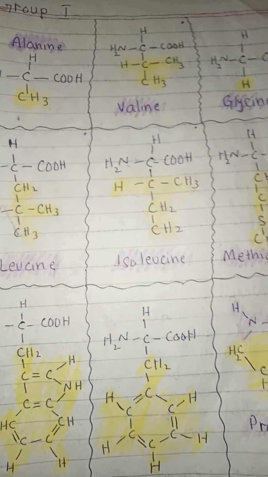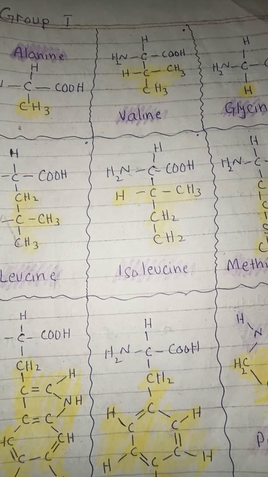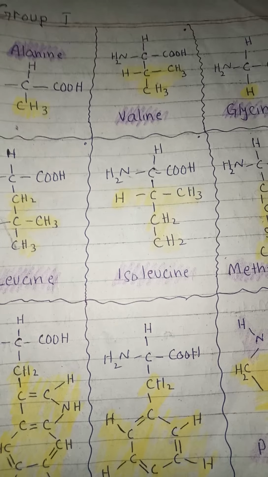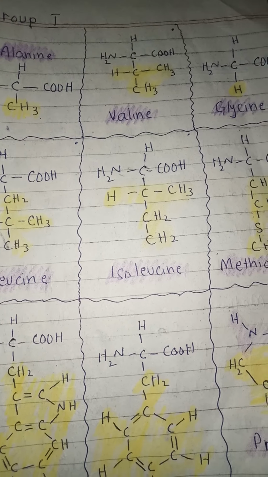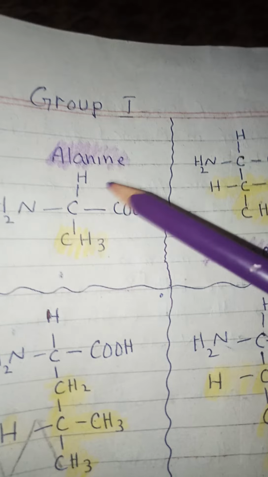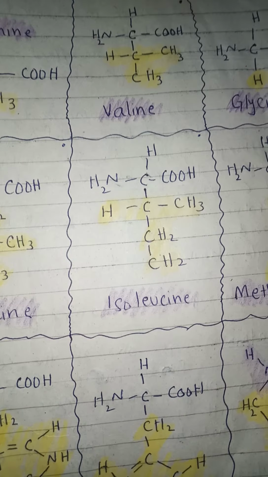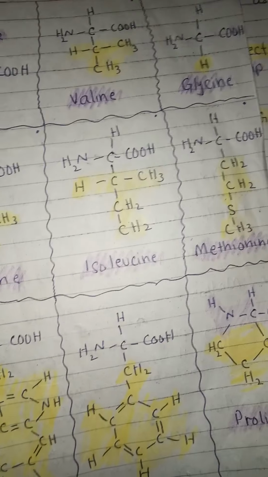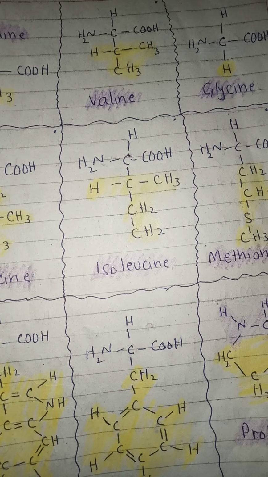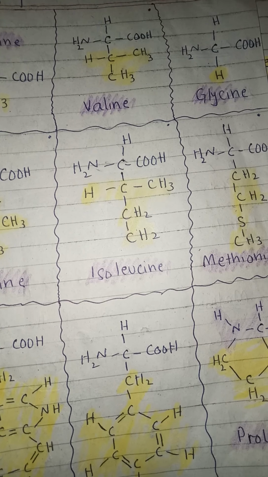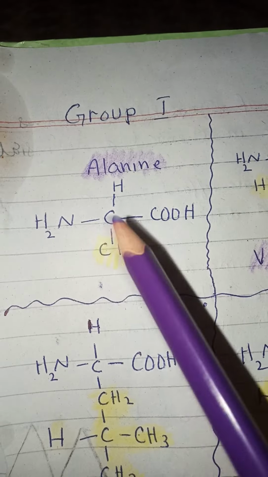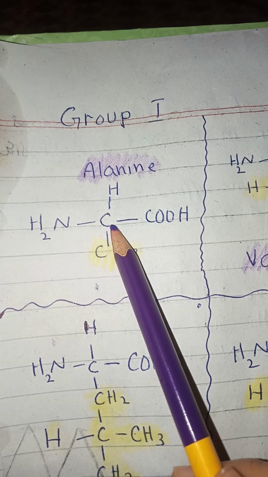These are all the structures of the amino acids present in group 1, the non-polar amino acids. Alanine. You can see that I highlighted some chains in yellow. All these yellow parts are the functional group of the amino acid, that is, the R group. As the basic structure of an amino acid, this is the alpha carbon.